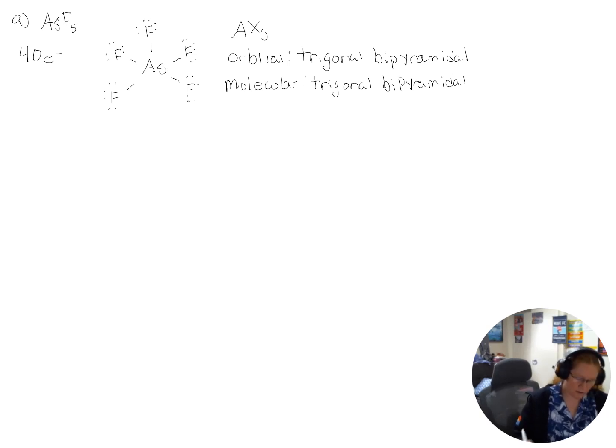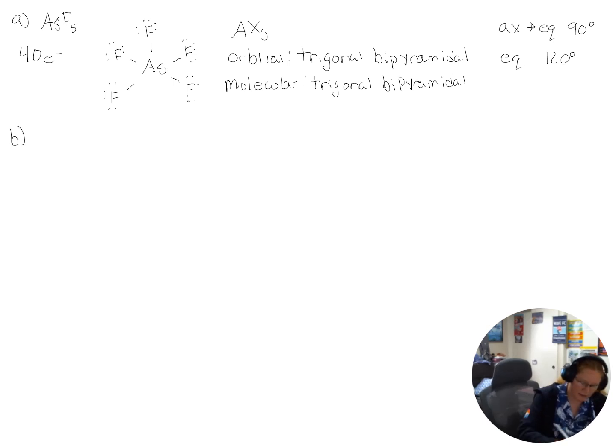Our axial to equatorial bond angle is 90 degrees, and then the equatorial is 120 degrees.